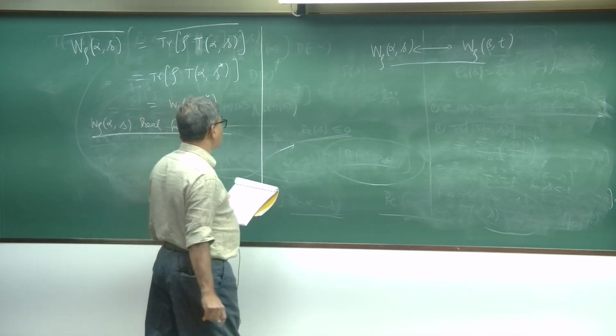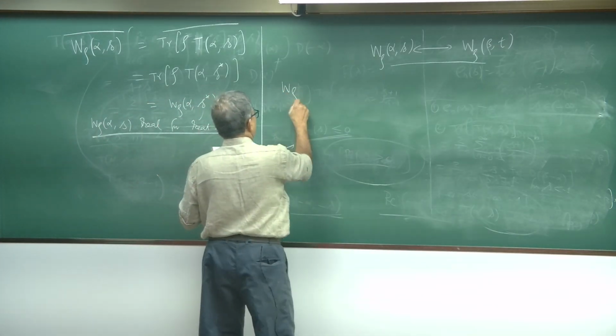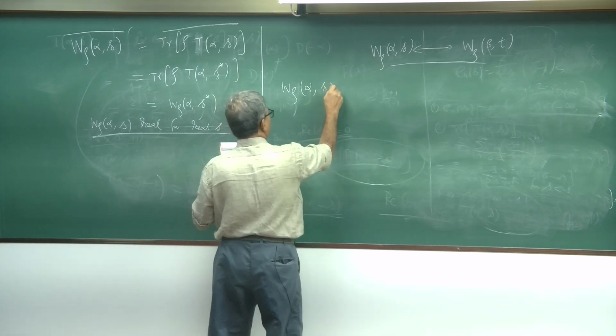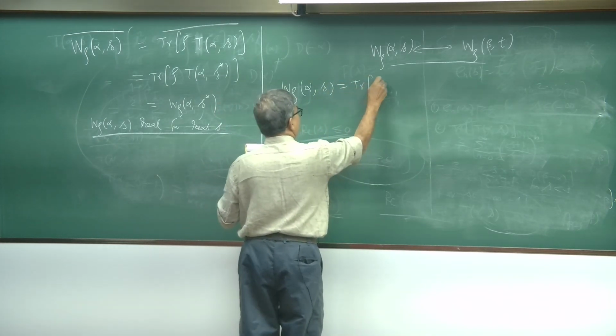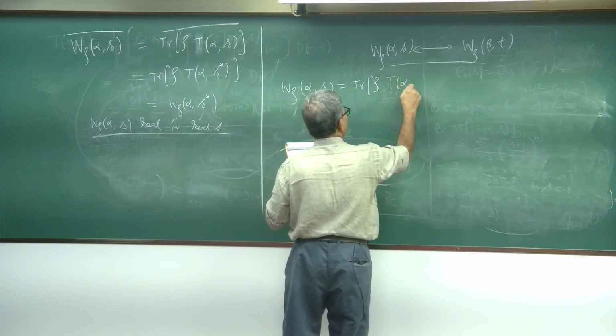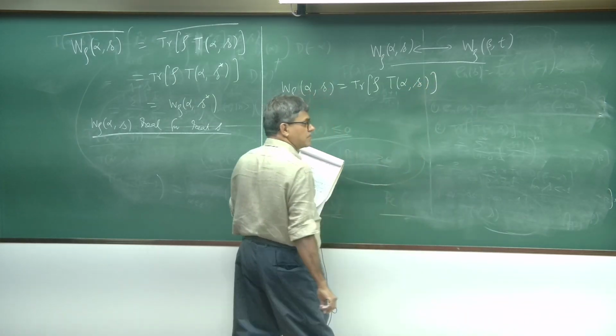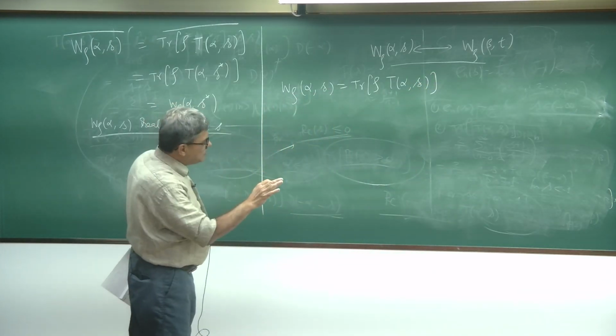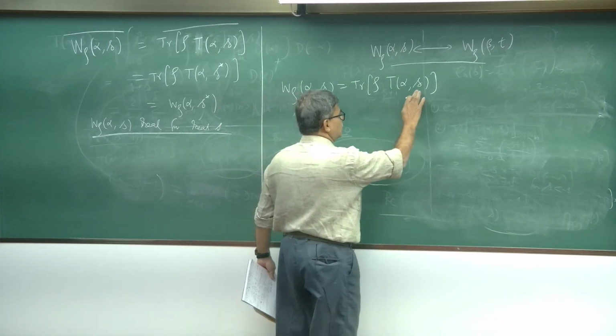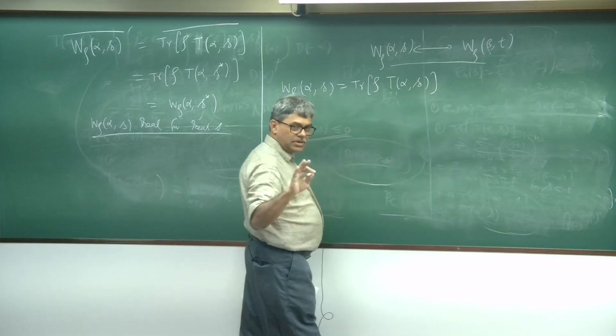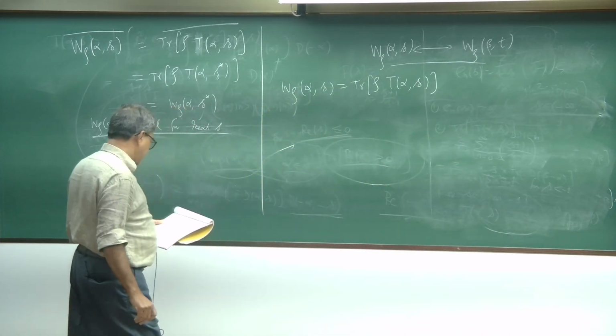So W rho of alpha s, by definition, is trace of rho T of alpha s. For the time being I am not assuming that s has to be real and all that; that will come later.